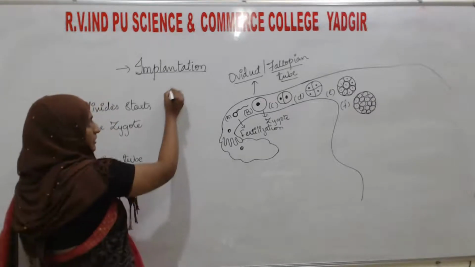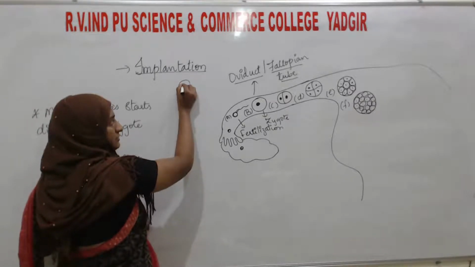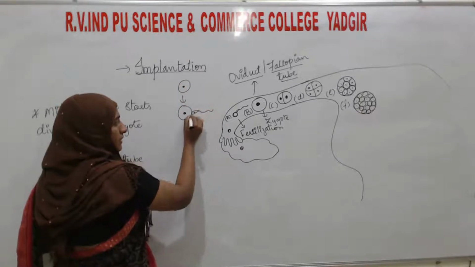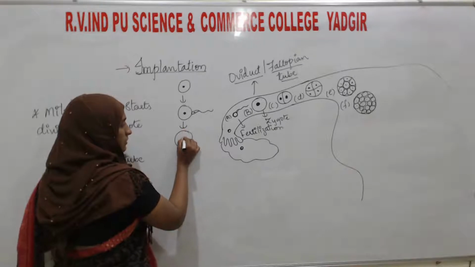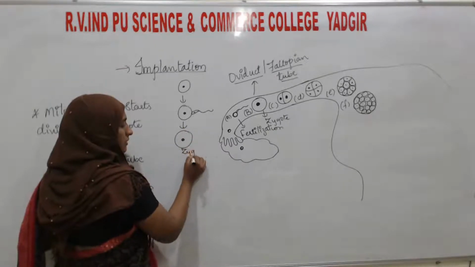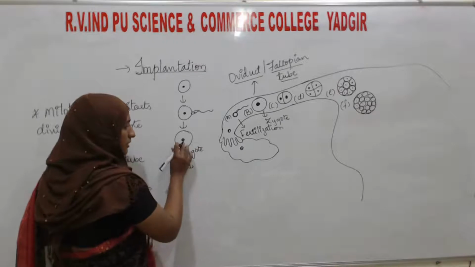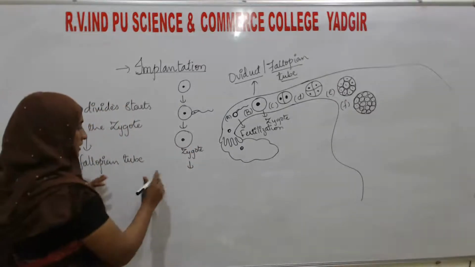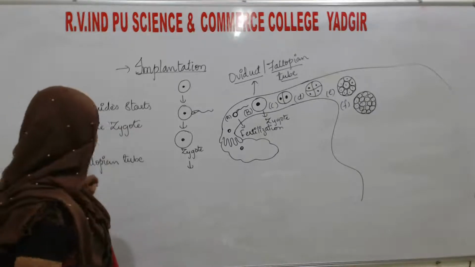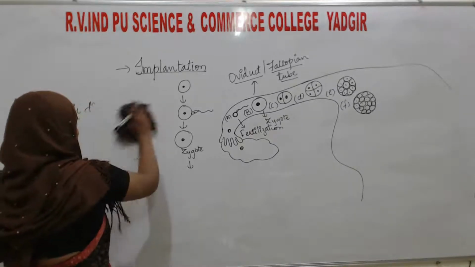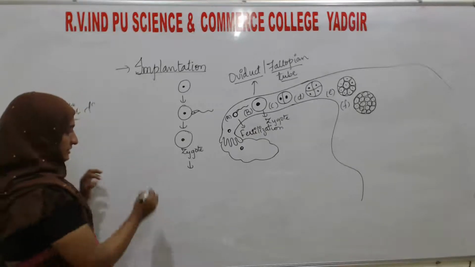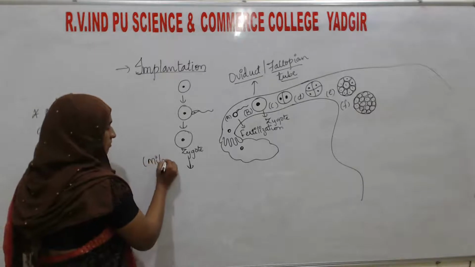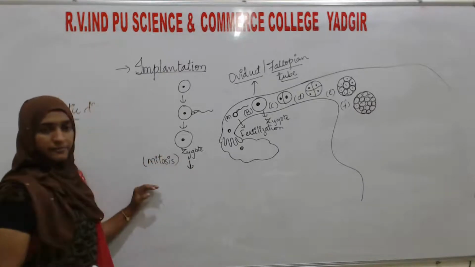First, in the fallopian tube, the ova is going to be released. After that, the zygote is going to form. After that, this zygote will undergo mitotic division.